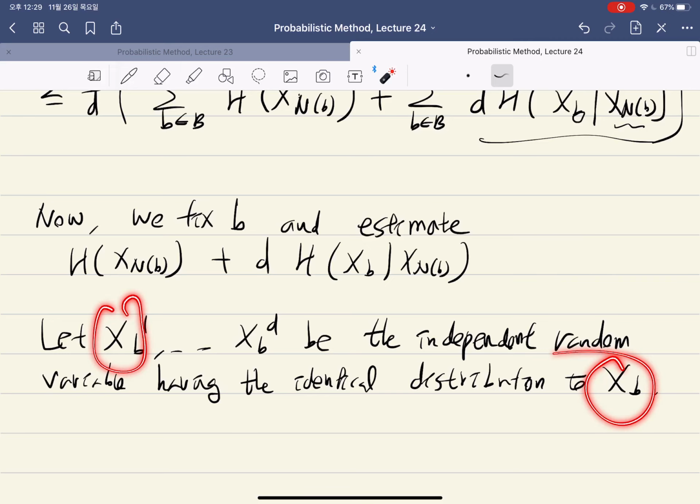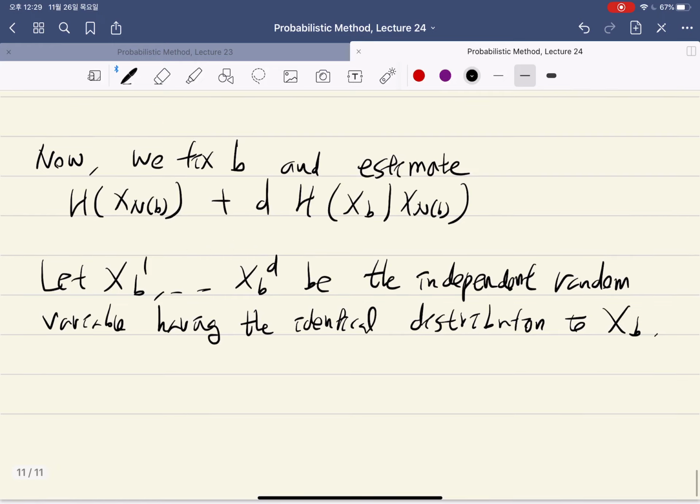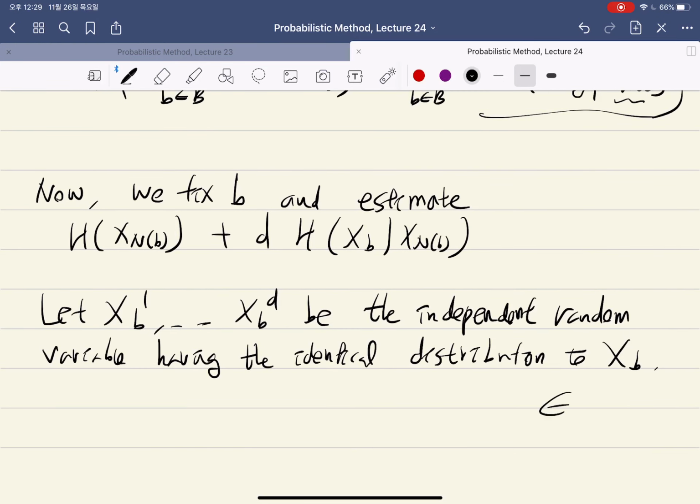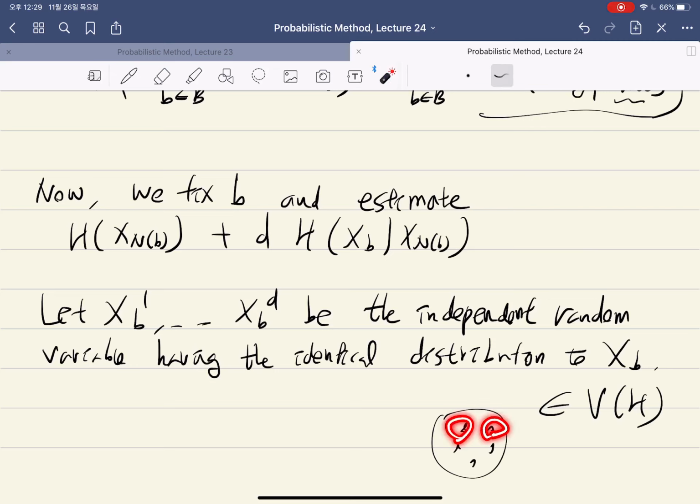They have the same distribution as X_P, meaning that this X_P is a random vertex in H. And with certain probability it is this vertex, with certain probability it is this. This also has the same probability as that.